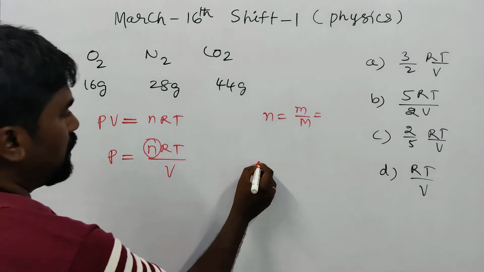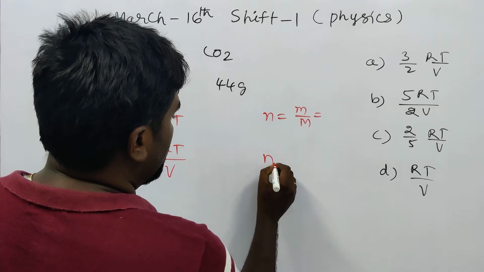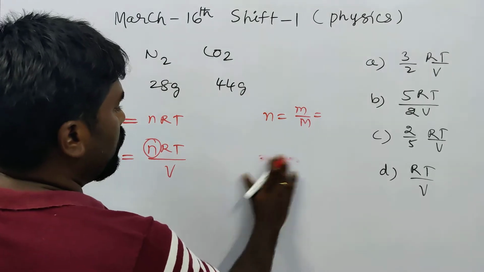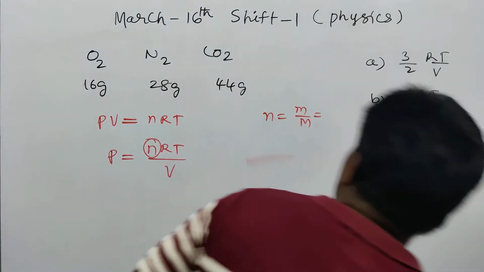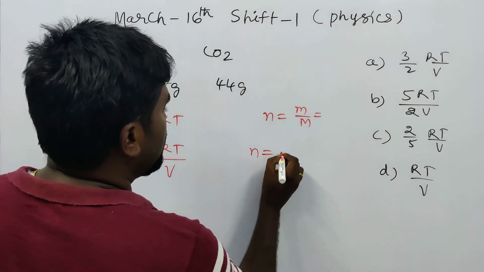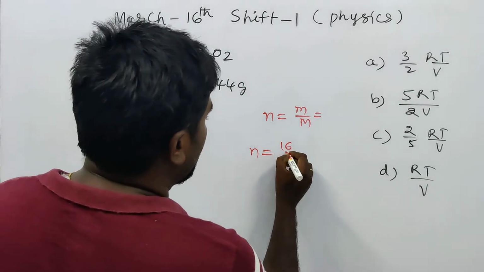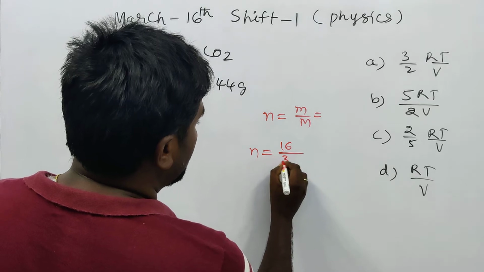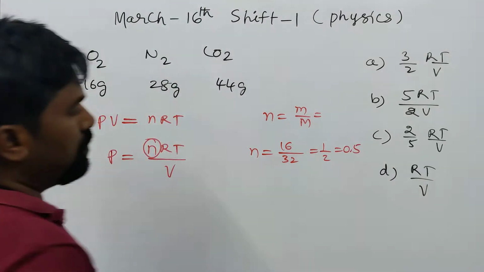For oxygen, O2, n is 16 grams divided by the molecular weight of oxygen, 16 plus 16, which is 32. So it is 1/2, which is 0.5.